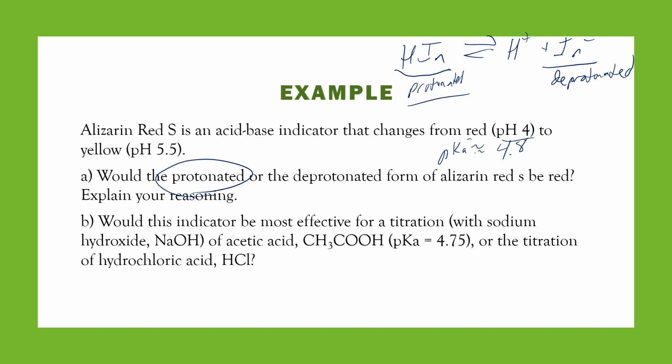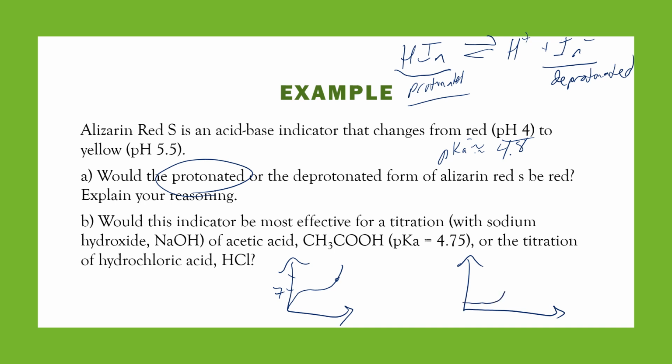Would this indicator be the most effective for a titration with sodium hydroxide of acetic acid or the titration of hydrochloric acid? So if we had to pick, weak acids will look like this, and at equivalence point that's above 7. I'm not to scale.